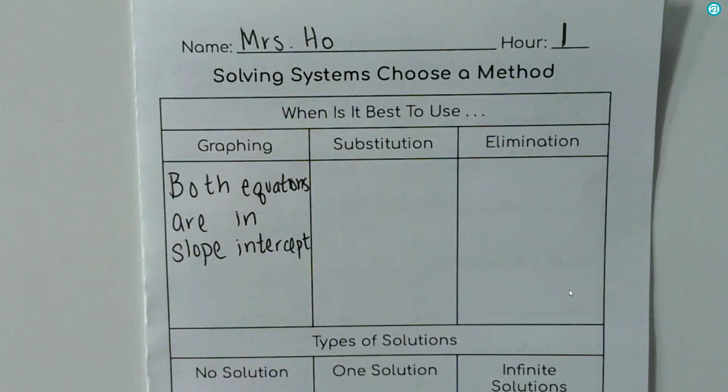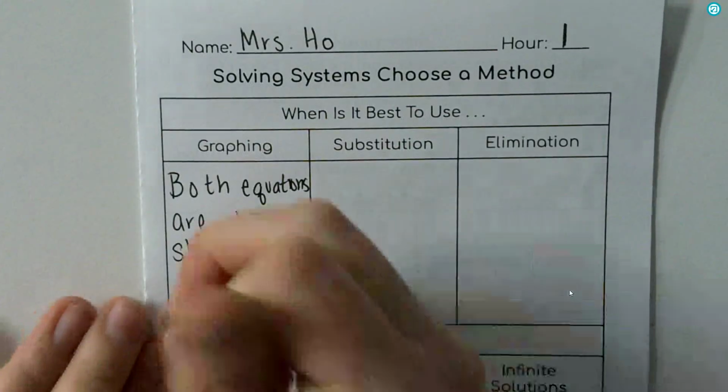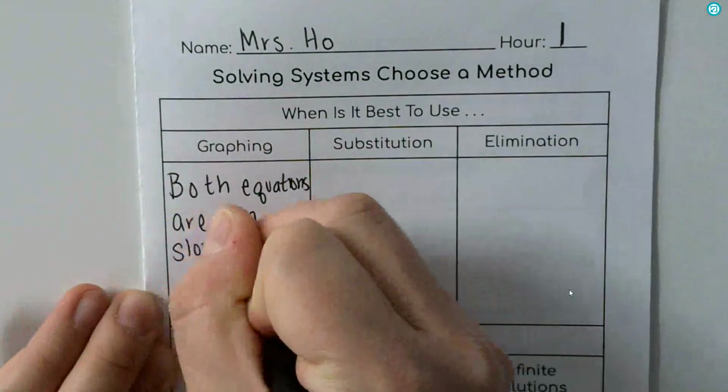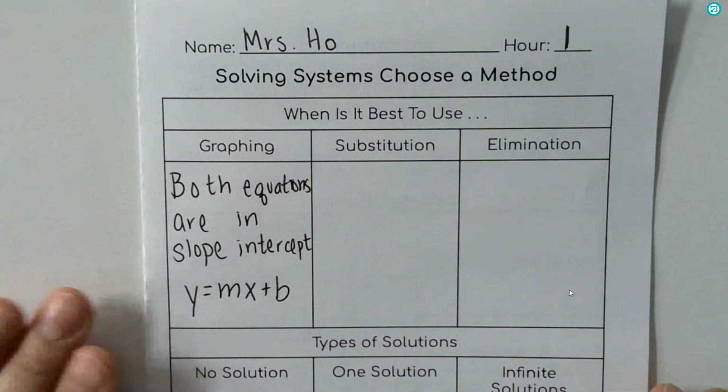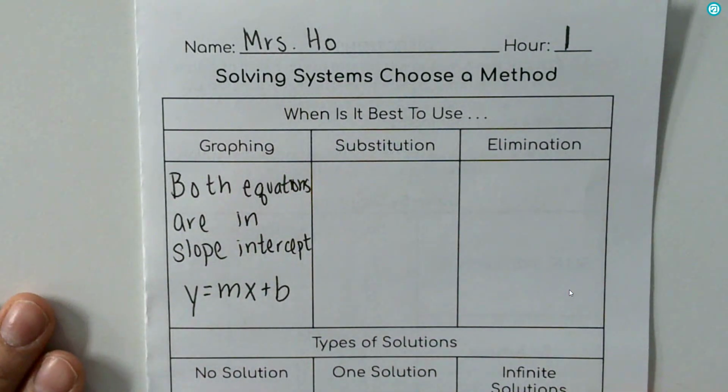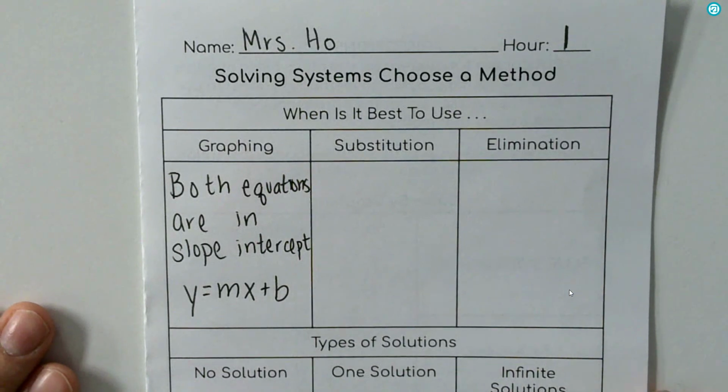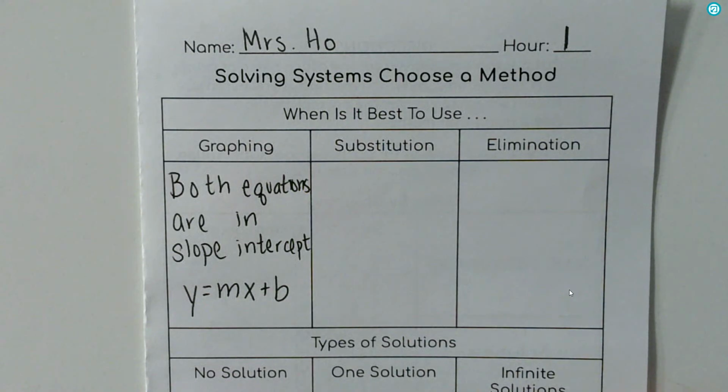So slope-intercept form is that y equals mx plus b. So if you've got both of your equations in slope-intercept form, y equals mx plus b, that is when it is best to use graphing, because then we can just graph the 2 lines.